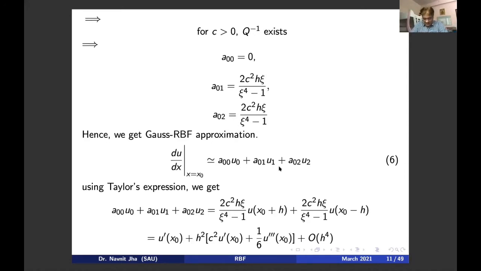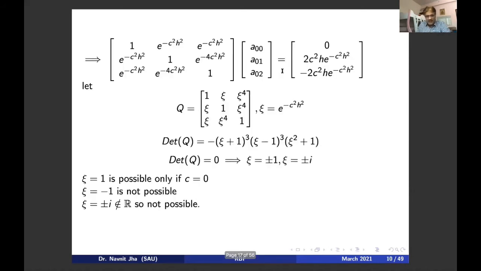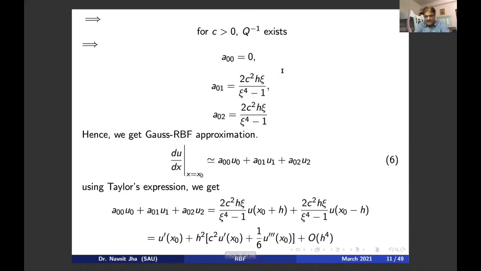Similarly, here I am coming back. Here I have written the first line. Here I have written R0 at X1. R0 at X1 is basically U1. R0 at X2, the value of R at the point X2, is basically the value of U at point X2.